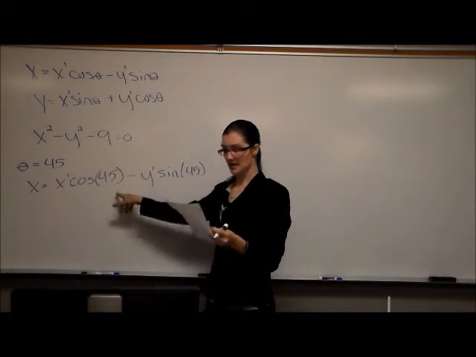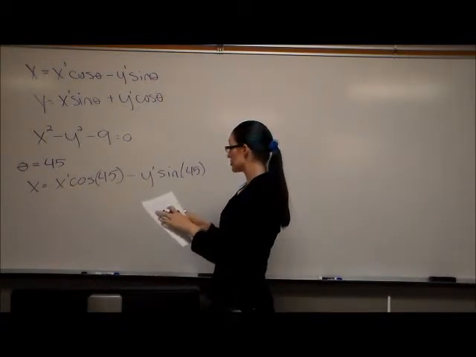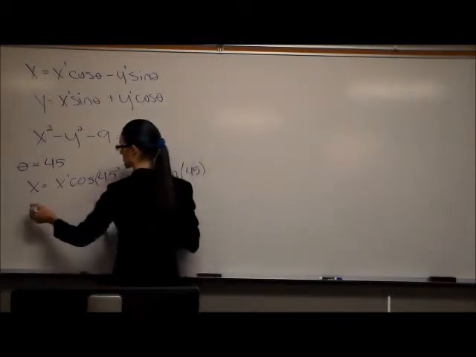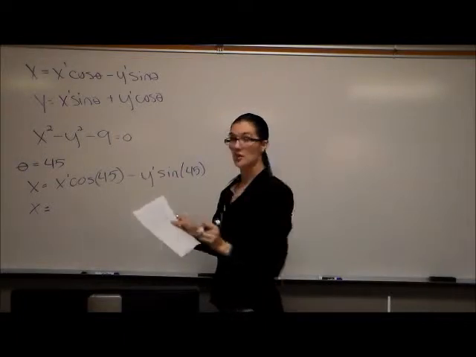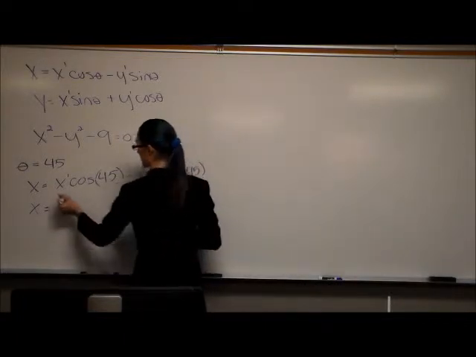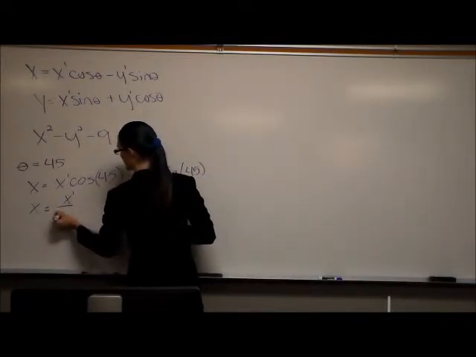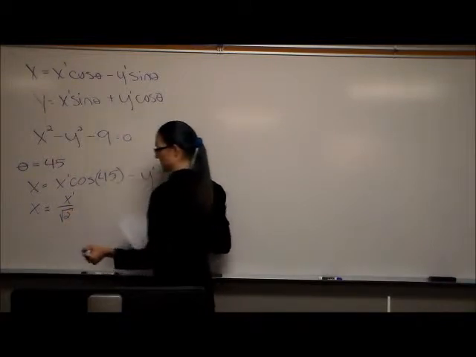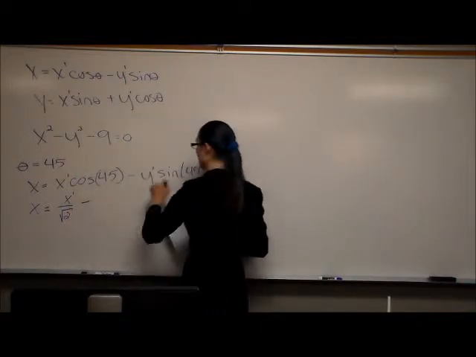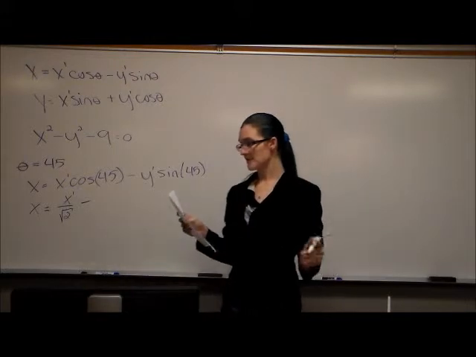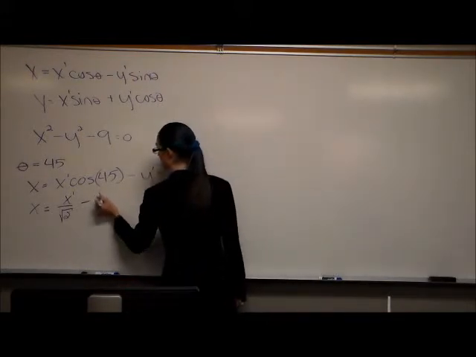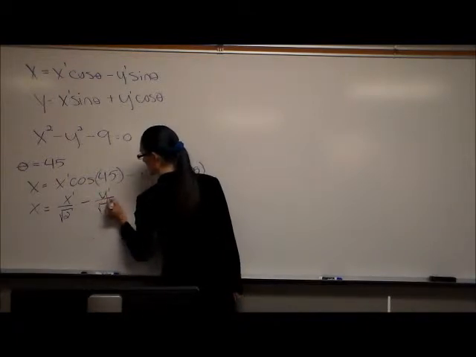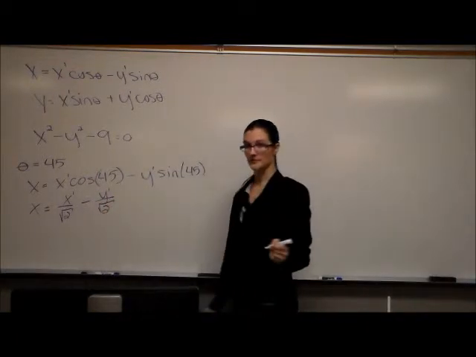Cosine of 45 degrees is 1 over the square root of 2, so we get x prime over the square root of 2. Minus, you want sine of 45 for the y. Sine of 45 is the same thing, 1 over square root of 2, so y prime over the square root of 2.